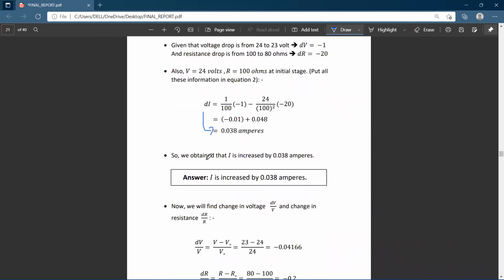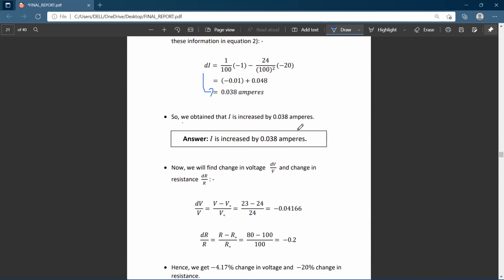So dI is positive, which means the current is increased. Positive indicates that the value of I is increased by 0.038 amperes.